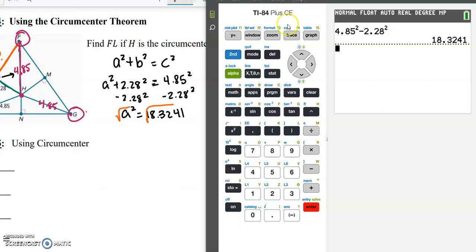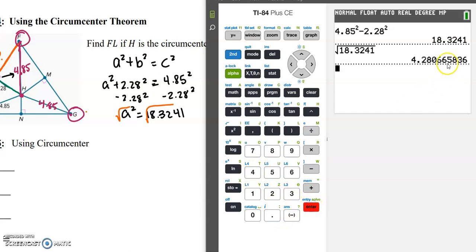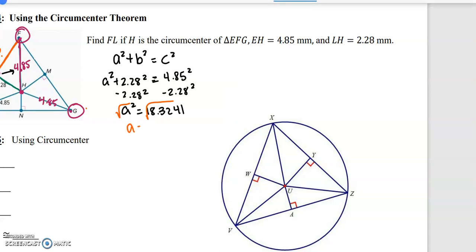And so I'm going to do the square root. Sometimes we have to hit the second button, just depends on your calculator. Square root of 18.3241. And that is our a, 4.28, or 4.3, depending upon what you're rounding to. It looks like these are all hundredths, so we'll leave that one as hundredths.